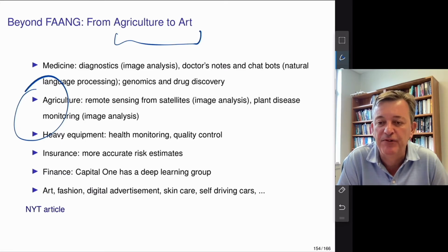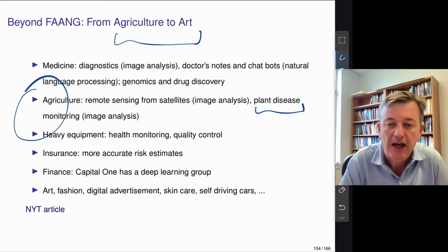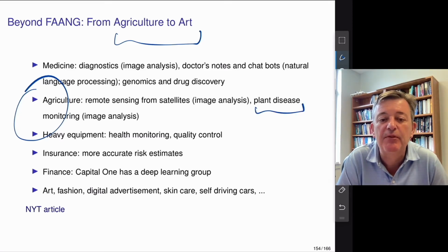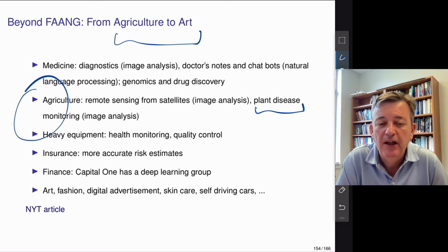So a lot of satellite imaging, a lot of looking back at the Earth, a lot of weather prediction models, a lot of trying to understand plant disease, how to optimally plant things, this type of stuff. And there are a lot of companies out there that provide very interesting agricultural feedback to people. In more developing countries, there are lots of small farmers that, once they get linked up to the internet, are much better coordinated.